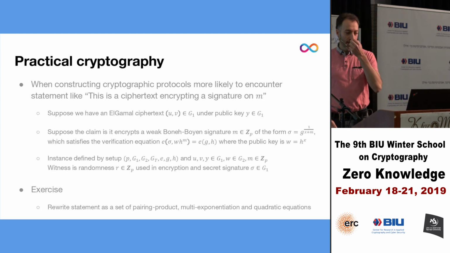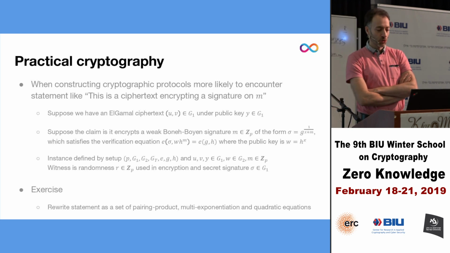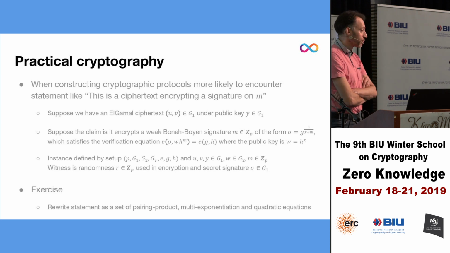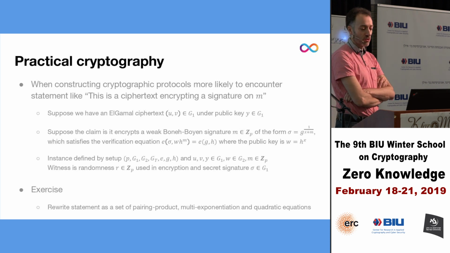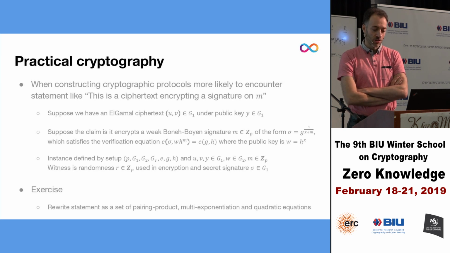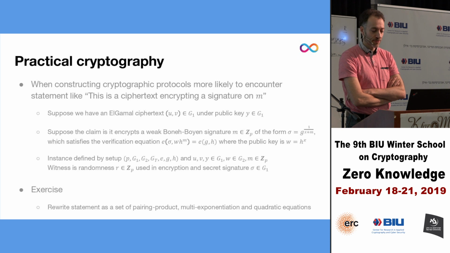Okay, so let's take a statement like this. Suppose we have an ElGamal ciphertext, u and v in source group 1, under some public key y in source group 1. And suppose the claim is that it encrypts a Boneh-Boyen signature on a message m in Z_p. A Boneh-Boyen signature is of the form: the signature sigma is g to the 1 over (x plus m), for some secret signing key x.